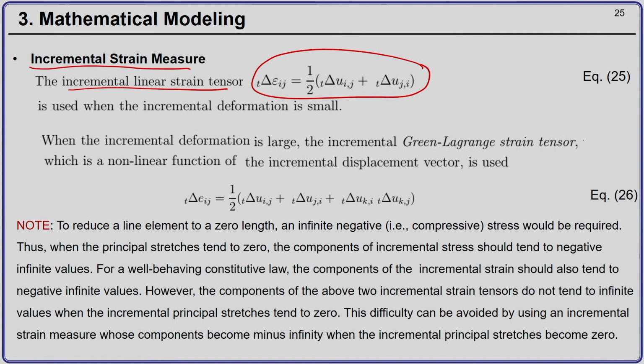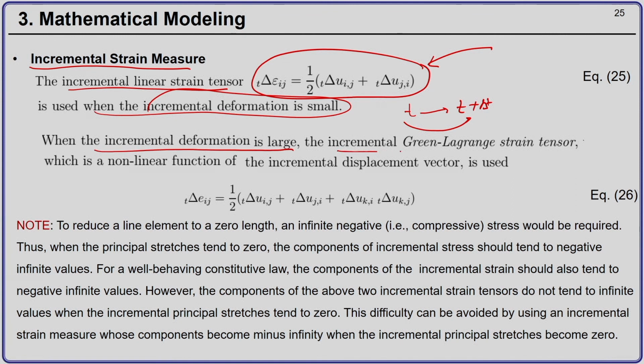This incremental linear strain tensor is used when the incremental deformation is small, which means that going from t to t plus delta t, if the incremental deformation in between is small, you can use the incremental linear strain tensor. However, we are not sure that from t to t plus delta t the deformation will be small. It can be appreciable also, and in that case, if the incremental deformation is large, the incremental Green-Lagrange strain tensor, which is a nonlinear function of the incremental displacement vector, is used.